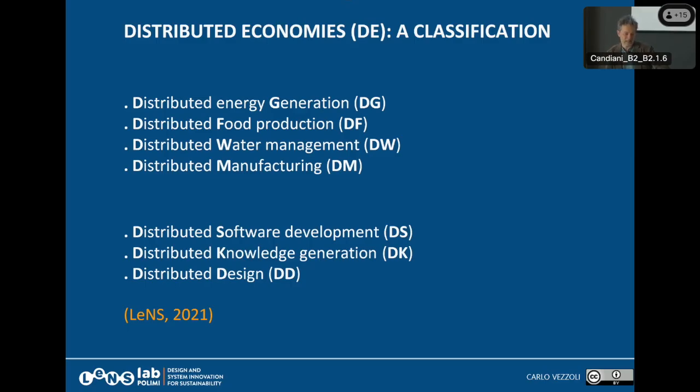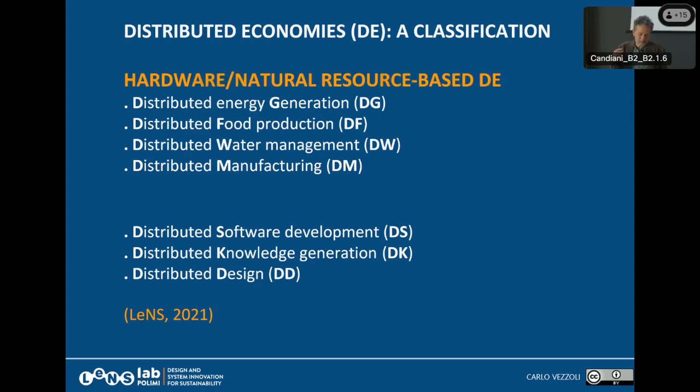And this is a classification that we did within the LeNS network, in the project that I mentioned in the first lecture, okay? With different countries worldwide, from the Americas, Asia, Africa, and Europe, and so on. What we can notice is that the first four are related to hardware and natural resources: energy generation, food production, water management, and manufacturing.